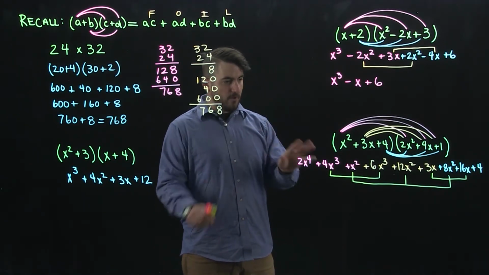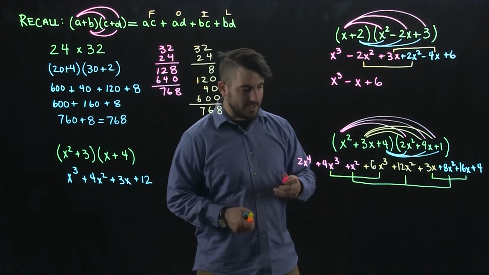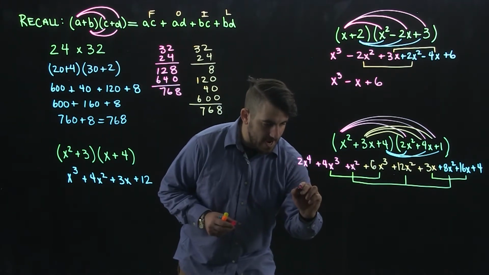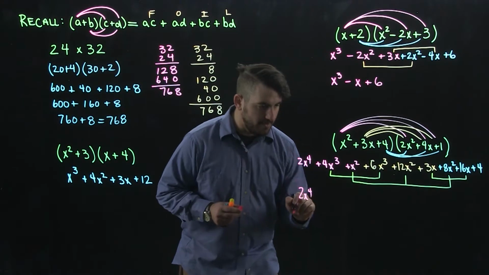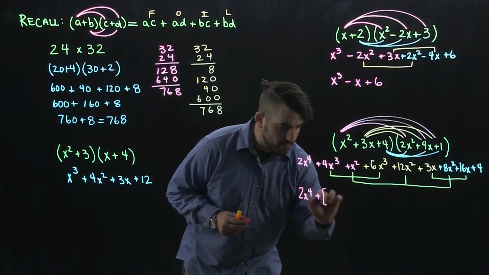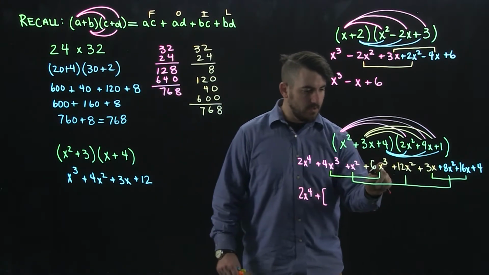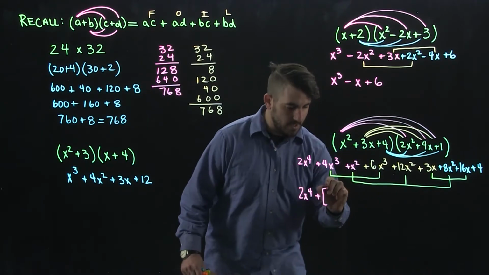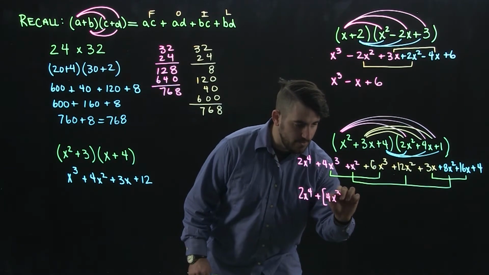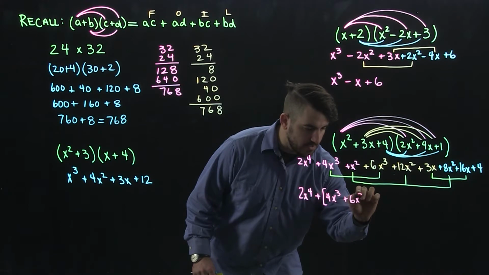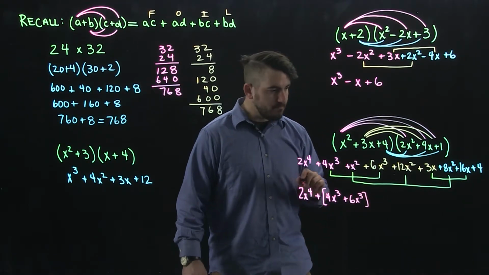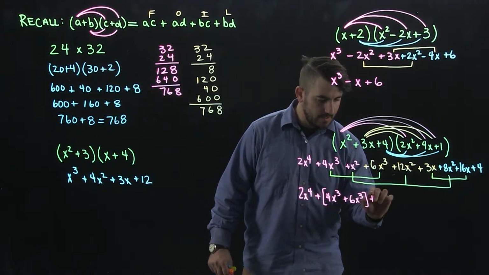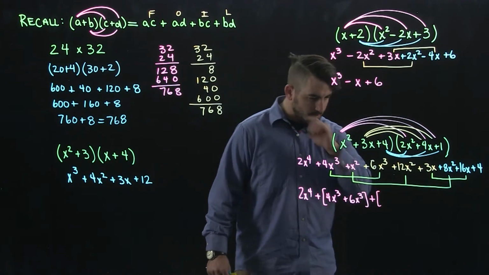So before we just do it mentally, let's actually set this up. So we're going to have 2x to the 4th plus, let's group up all the x cubed like terms. So that's going to be 4x cubed plus 6x cubed. Okay. Plus, what do we have here?